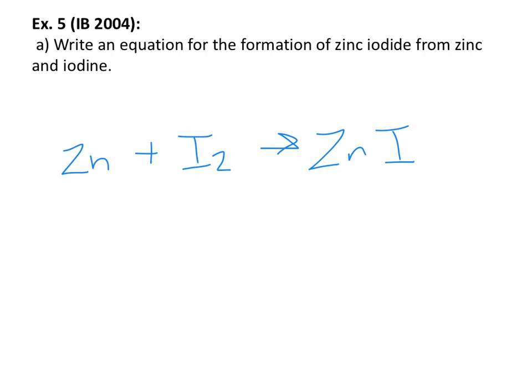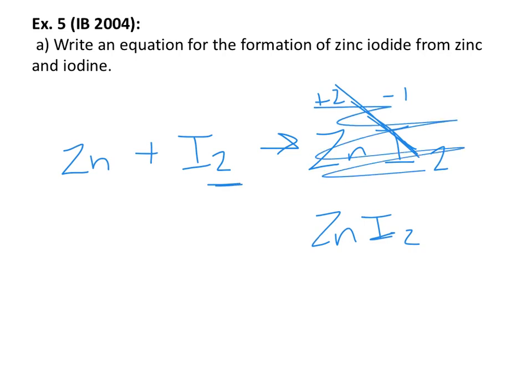Zinc is always a +2 and iodide is a -1. So when we crisscross, we get ZnI2 as our product. That 2 is coming from the crisscross, not from the diatomic iodide. So we have zinc plus diatomic iodide yields ZnI2.